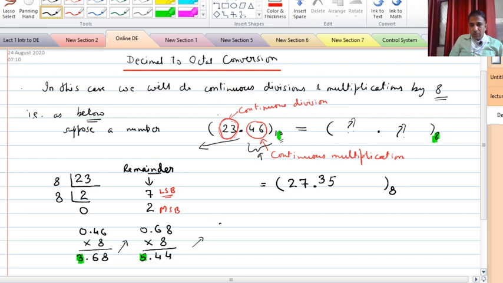Then multiply 0.44 with 8. 8 times 4 is 32, 8 times 4 is 32 plus 3, that is 35, and we have to write this 3 at this location.